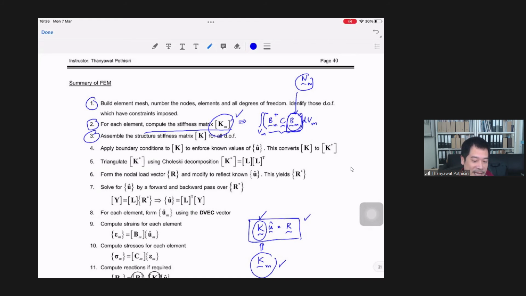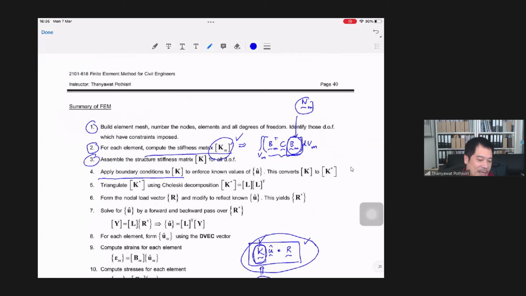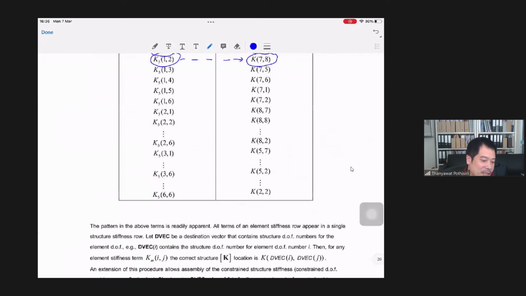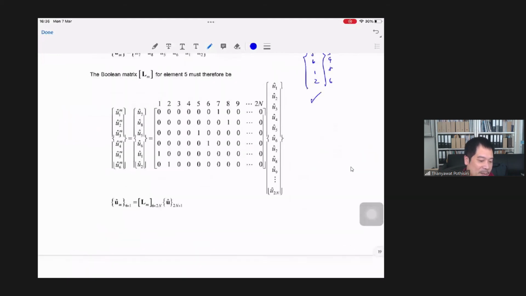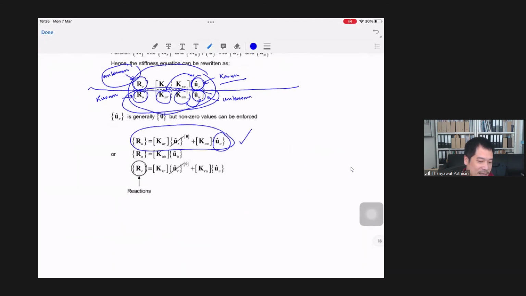Now, once you obtain the structure stiffness matrix, before you solve this system of equations, you want to make sure that you apply proper boundary conditions onto your structure. By applying proper boundary conditions, you want to be able to partition your system of equations into different parts like this.